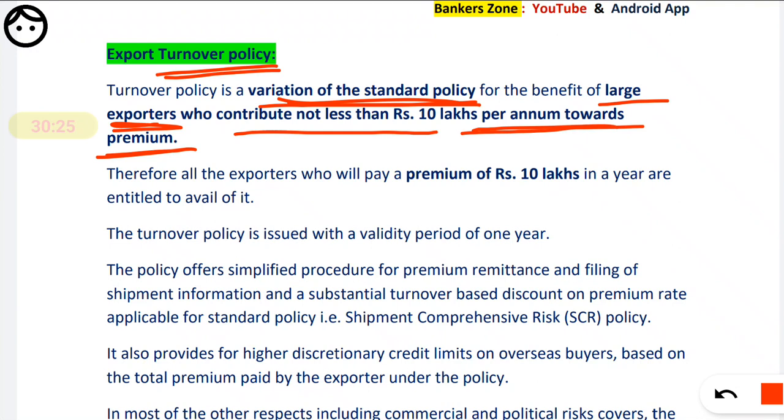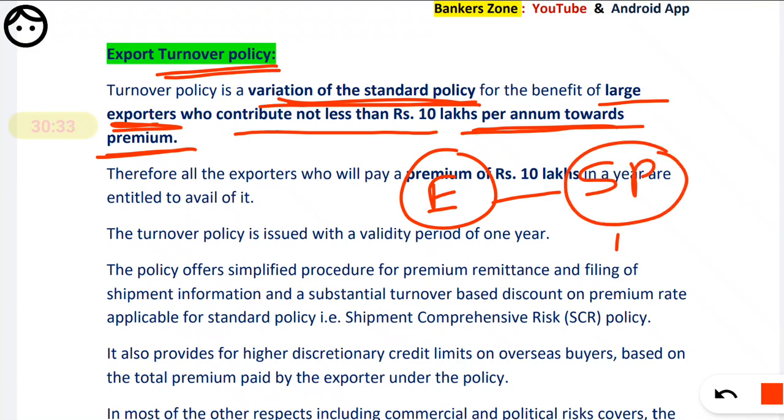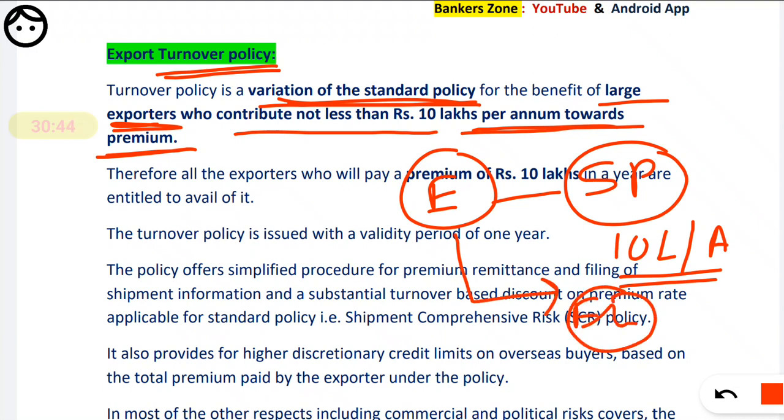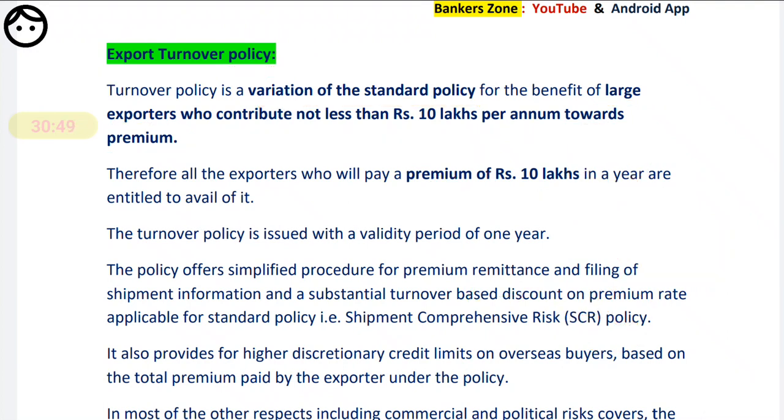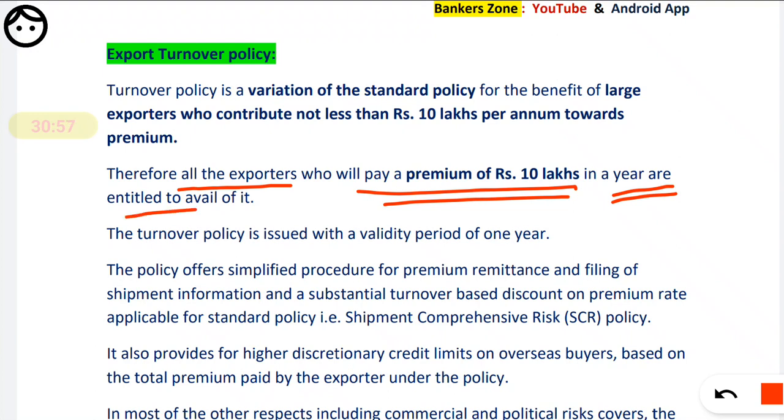That means if the exporter has availed a standard policy and is paying a premium of 10 lakh per annum, then that exporter is eligible to have an export turnover policy. Therefore all exporters who pay a premium of 10 lakhs in 1 year are entitled to avail it, and it is also for a period of 1 year like a standard policy. Okay, that is the basic.